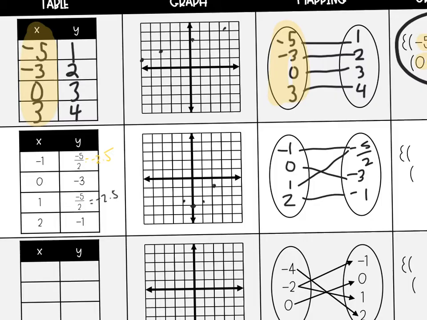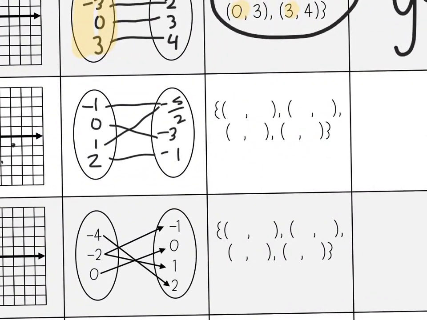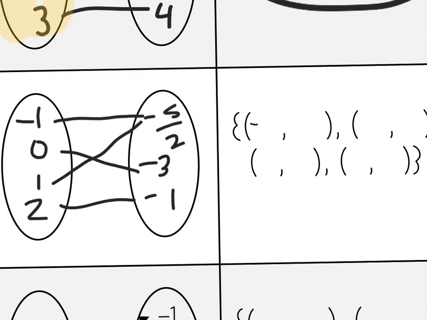So it'll look like that. And then if I list my points, it'll be -1 and -5, 0 and -3, 1 and -5, and 2 and -1.